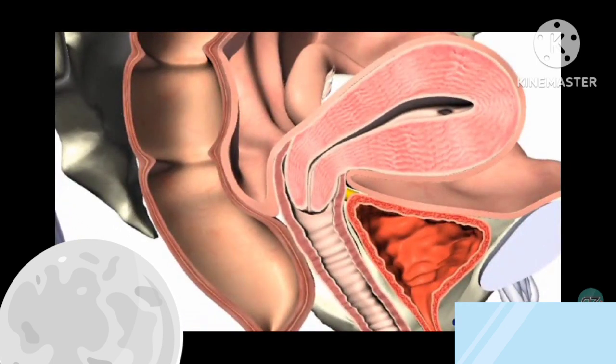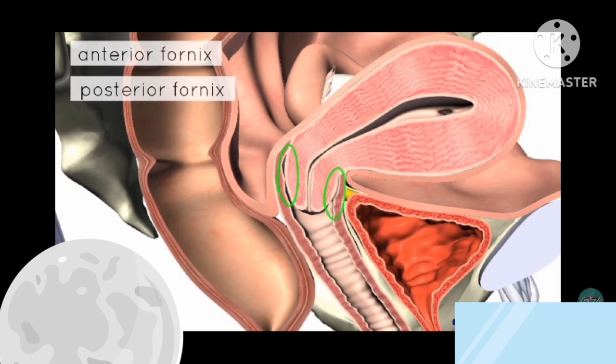So anteriorly you've got this recess here, and posteriorly you've got this recess here, where the cervix meets the vaginal wall. So you've got these pockets around the vagina, and these are known as the fornix. So you've got an anterior fornix anteriorly, a posterior fornix behind, and you've got 2 lateral fornices.